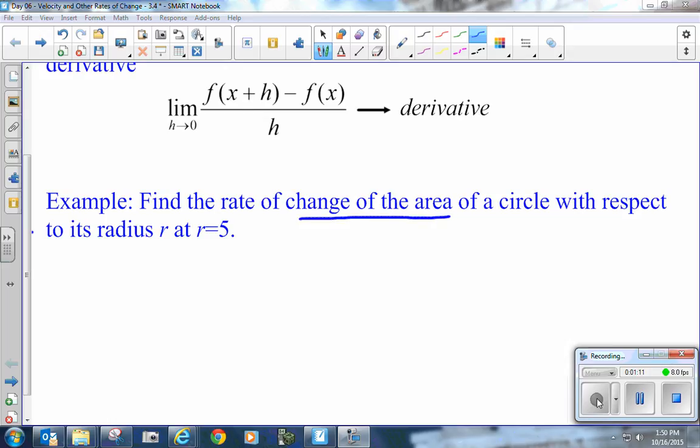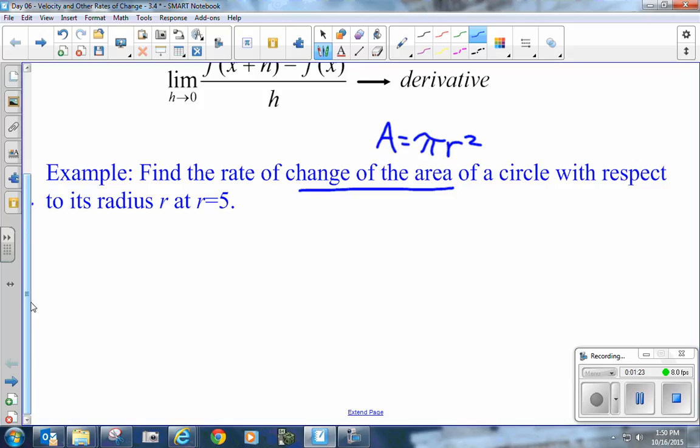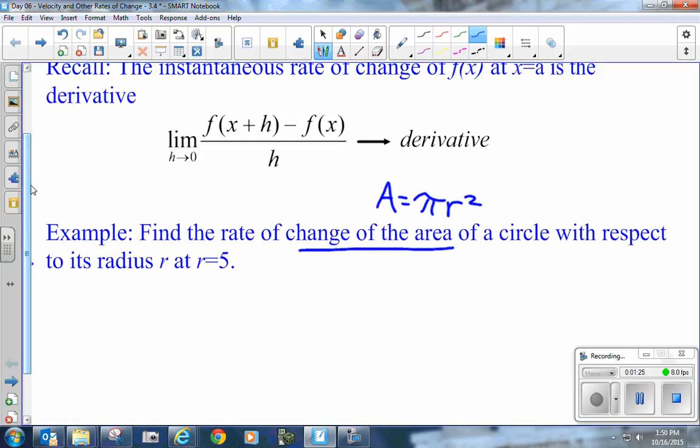Because the question asks about the change of the area of a circle. So if I want to find the rate of change, that's the derivative, right?